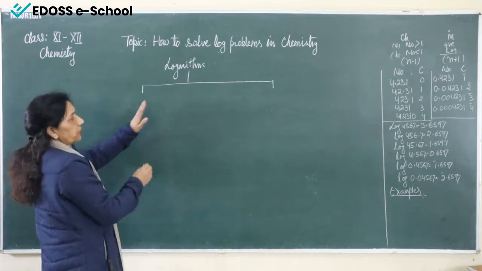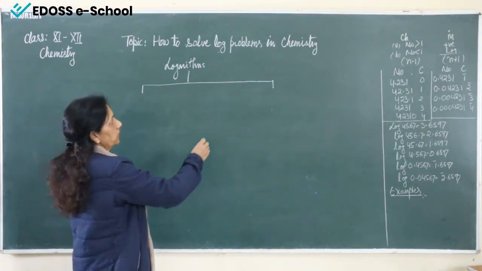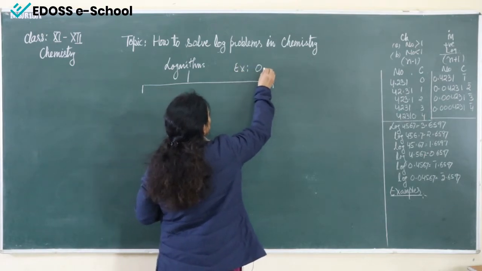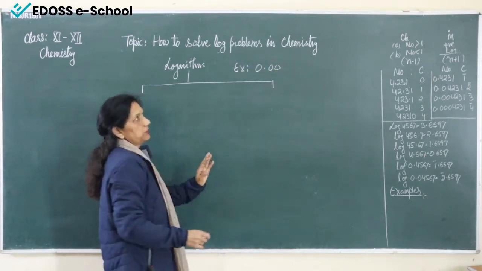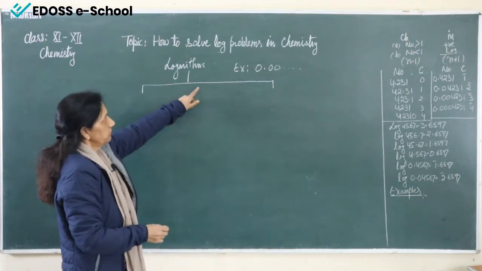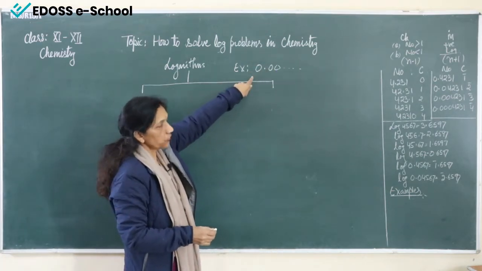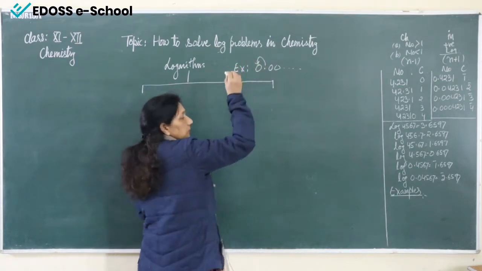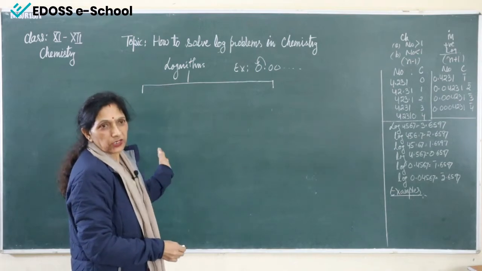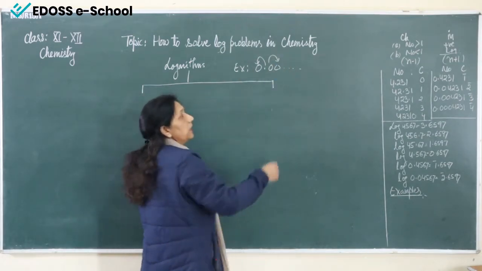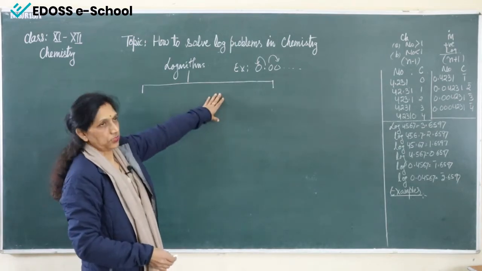Suppose this is a number, 0.00 something. One part is on the left side of the decimal and another part is on the right side of the decimal.